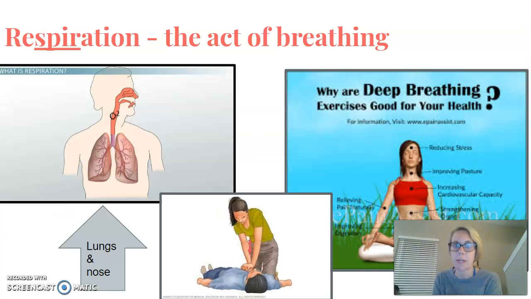Next word, respiration. Say respiration. The root is spire. Spire means breath or alive. Respiration is actually the act of breathing. And if you know anything about respiration, you know it has to do with your lungs and your nose, as you can see in the picture.